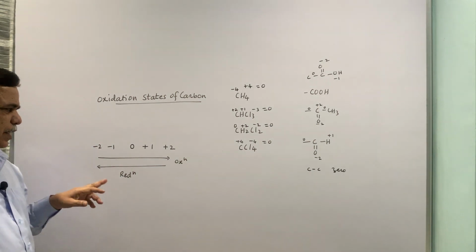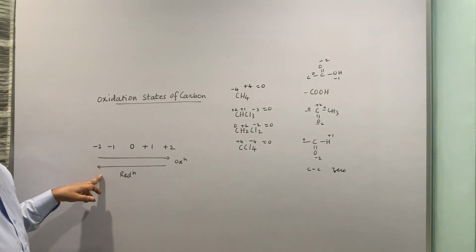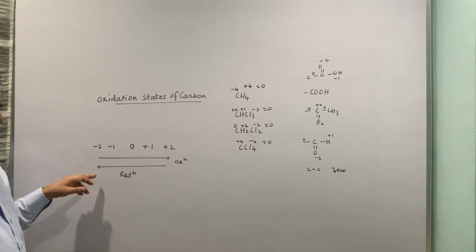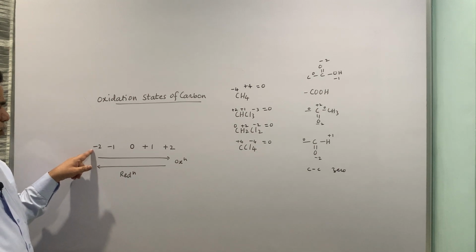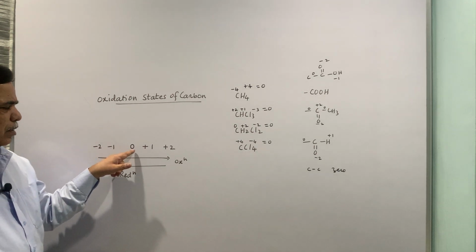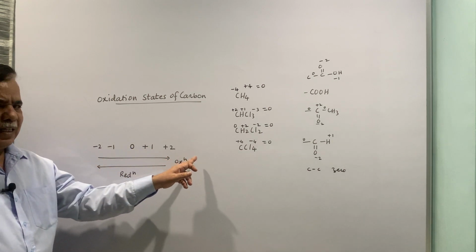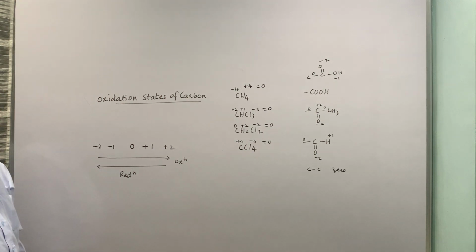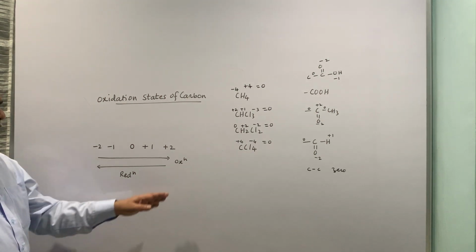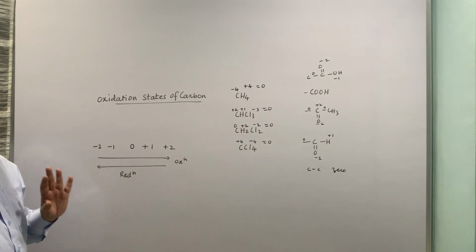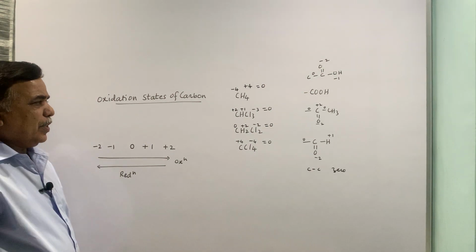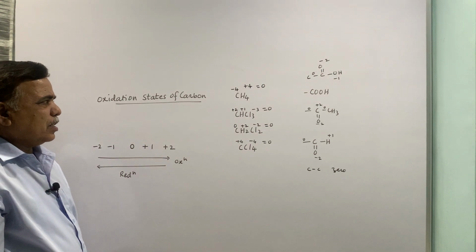Now the important thing is on this scale how to look at the oxidation and reduction. If I am moving from -2 to -1 to +1 through 0, this right hand side direction indicates oxidation. If it is the other way around, it is reduction. So that is the easiest way to look at the oxidation state of carbon.